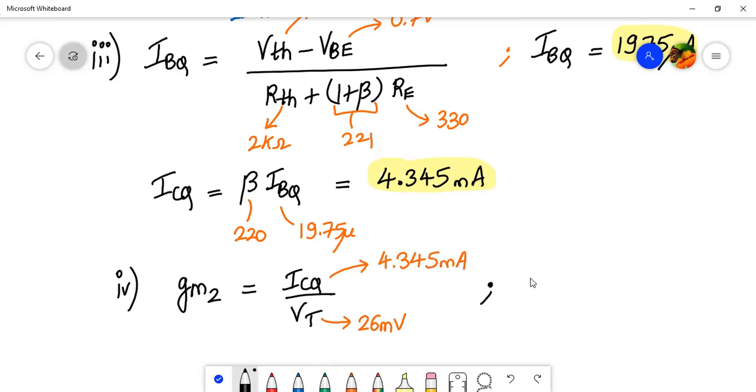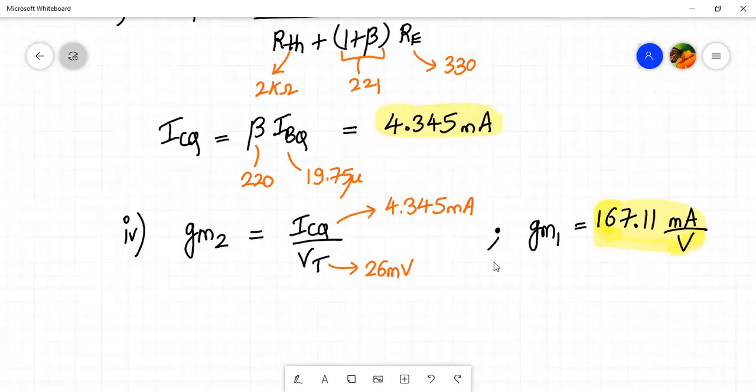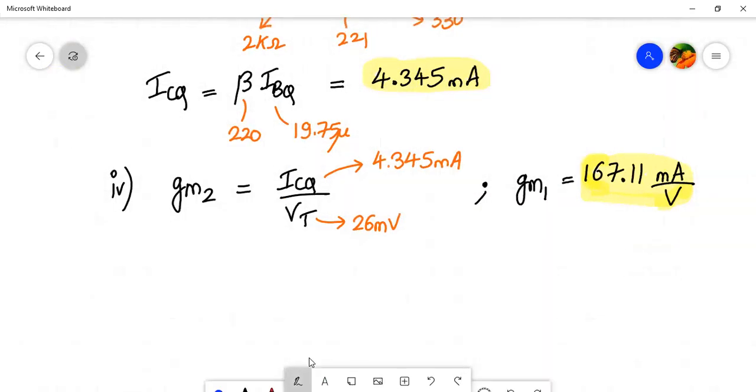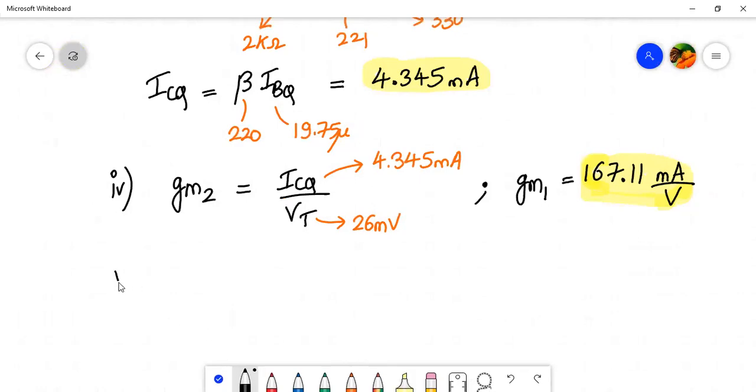So finally, you will get the value of GM, which is close to 167.11 milliampere per volt. Okay, so that's the value of GM we got right now, and we'll use this GM value while we calculate the voltage gain. Okay, so let's proceed forward. Another small signal parameter for a BJT will be R pi.